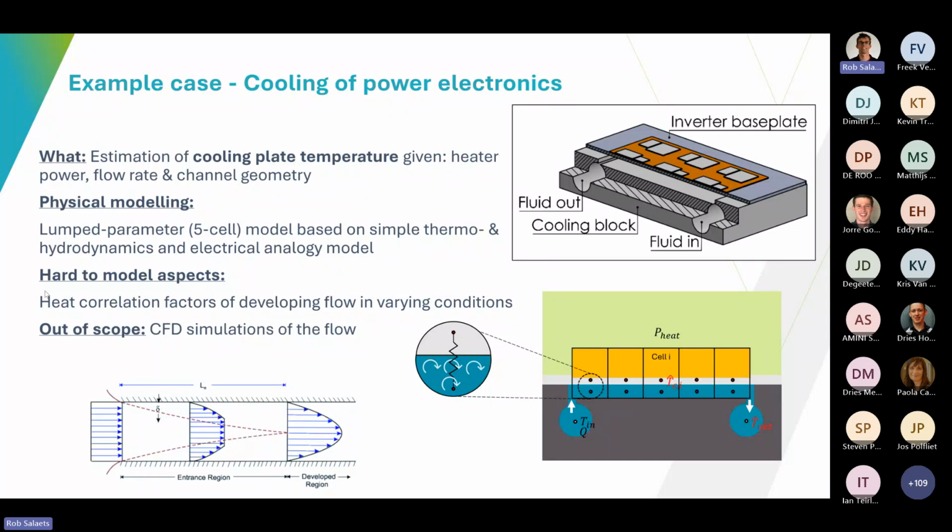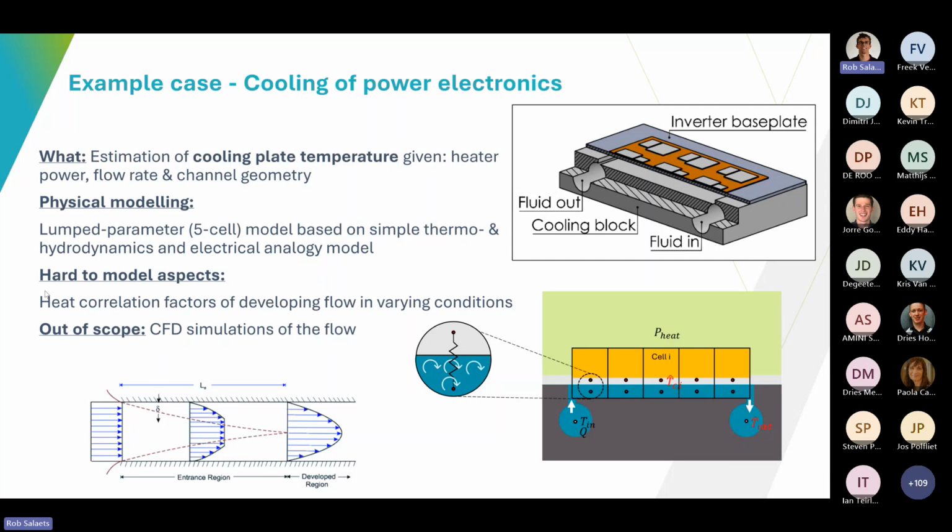And it needs to work in different operating conditions. So the heating power, or the heating of the electronics, can change. The flow rate of a cooling liquid along this component can change, and the channel geometry can change.